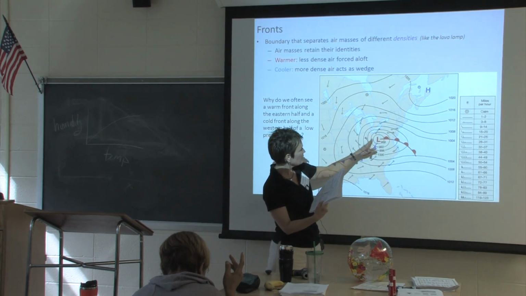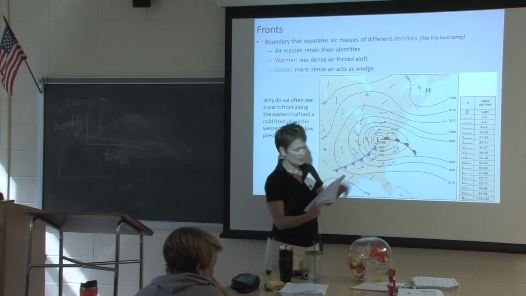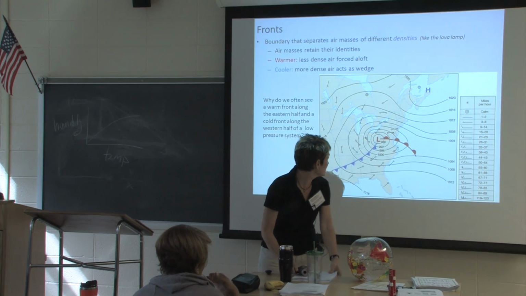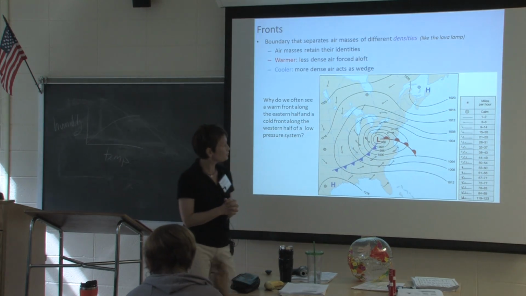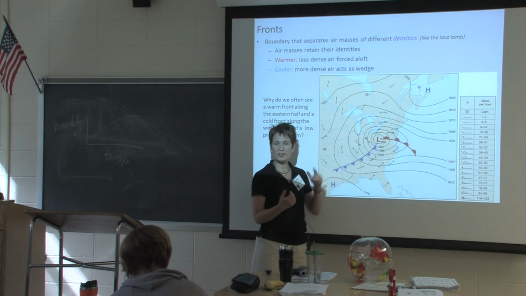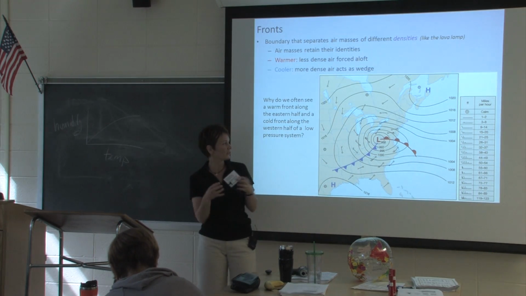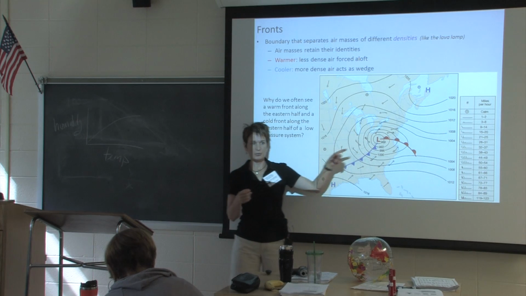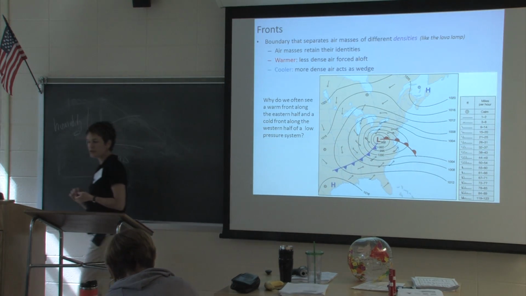So our fastest winds look like they're right in here, closest to the center of that low pressure system. Does that agree with what we would maybe suppose based on just the isobars? The isobars are more tightly packed in here, so we might expect a steeper gradient in our pressures.